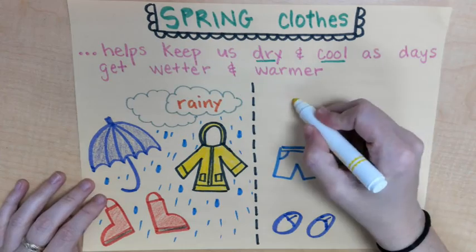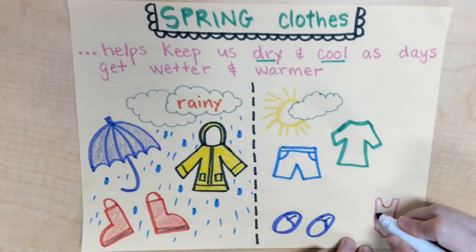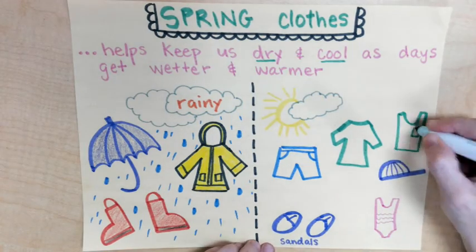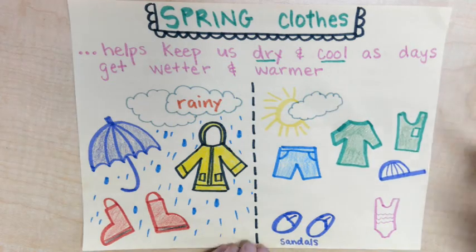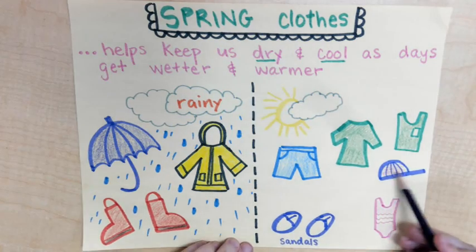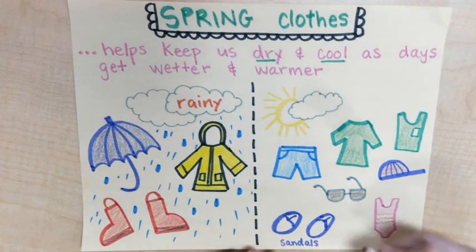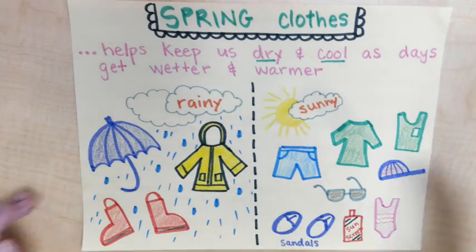You might change your types of shoes, like you might wear sandals or flip-flops, a hat to kind of cover your eyes from the sun. And if it's warm enough during spring, you might even jump into a bathing suit. But basically, you're wanting just kind of lightweight fabrics to keep you cool enough during the spring season.